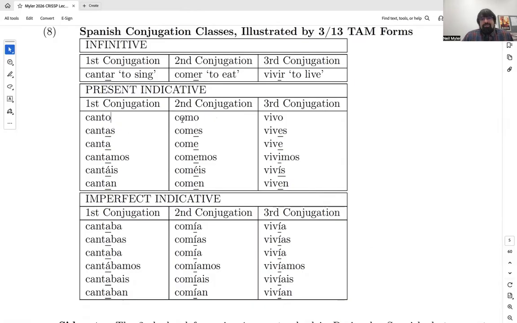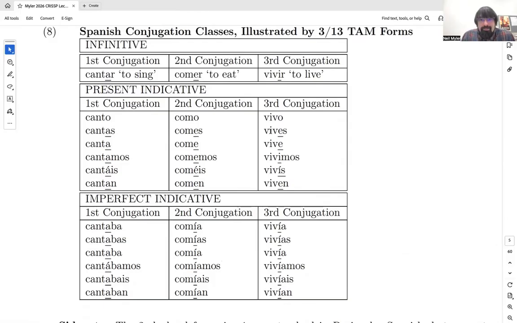In the second conjugation, you get como, comes, come, comemos, coméis, comen. So you've got the e throughout this part of the present tense. And then when you get into the imperfect, you get comía, comías, comía, comíamos, comíais, comían. Compare that to the third conjugation, where in all but the first plural and second plural in the present indicative, you get something that looks like the second conjugation theme vowel.